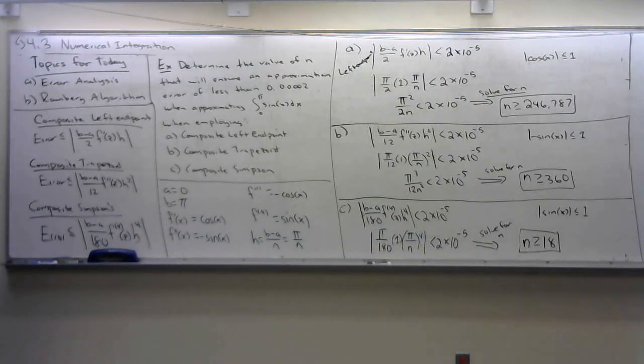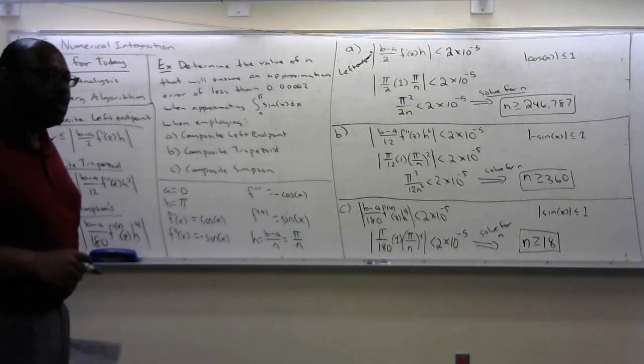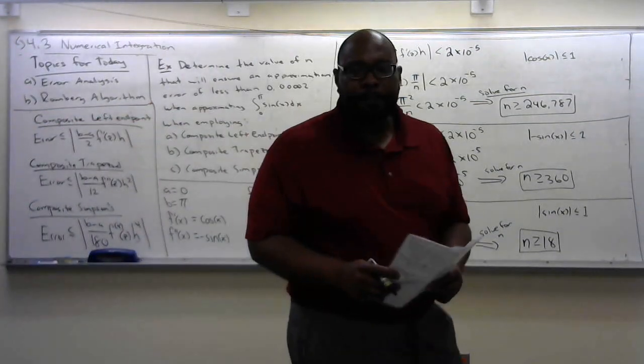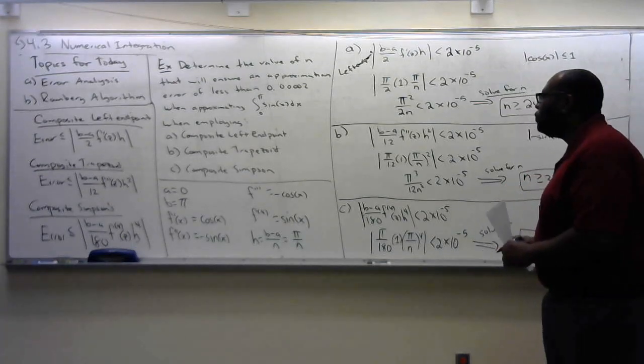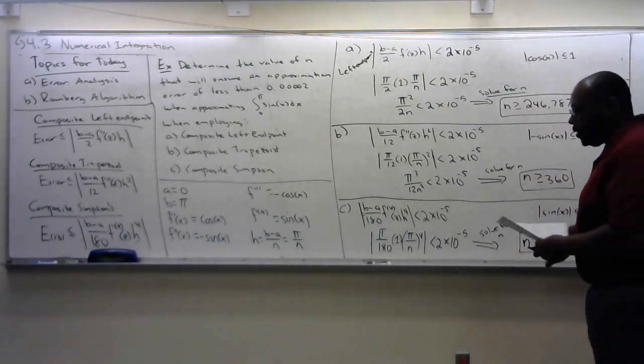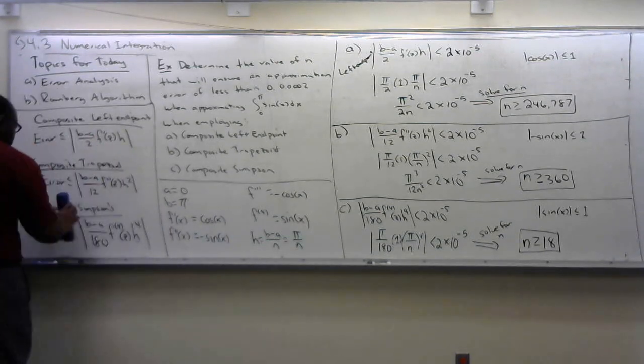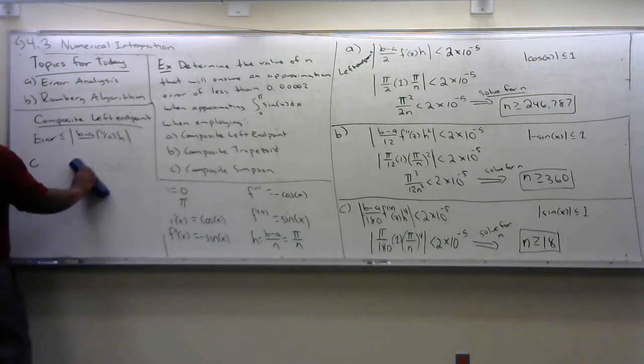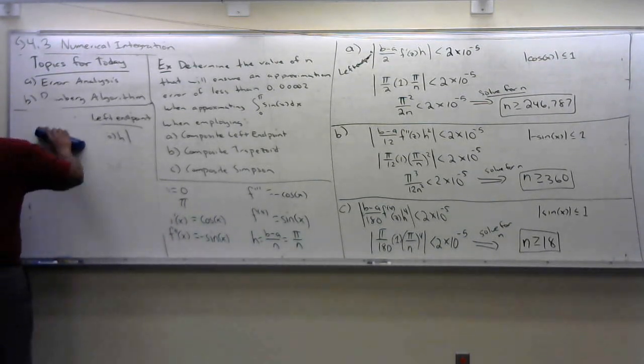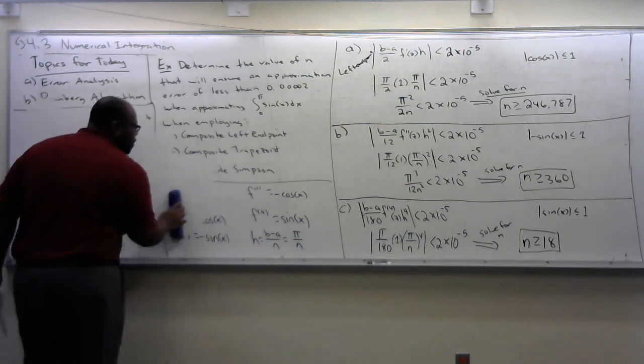All right, so that's kind of the error analysis I wanted to do with that, and then I'm going to talk about Romberg's algorithm, and then we're going to finish up with this particular section, and we'll talk about Gaussian quadrature next time. So I'm going to erase this. And we're going to keep Romberg's algorithm fairly simple, fairly straightforward.